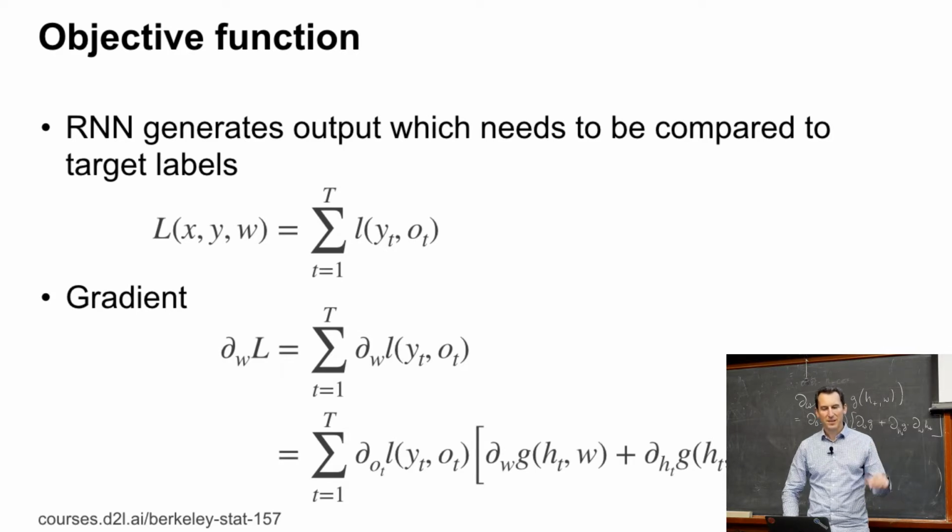That last part is exactly what's going to give us the headaches. And the reason why this gives us the headaches is because HT depends on HT minus 1, and with that, on all the things that HT minus 1 inherits from HT minus 2, HT minus 3, and so on. So it basically goes all the way back. It's a little bit like, suppose I say something really stupid in the first lecture, you might still remember it now and still think Alex is an idiot.